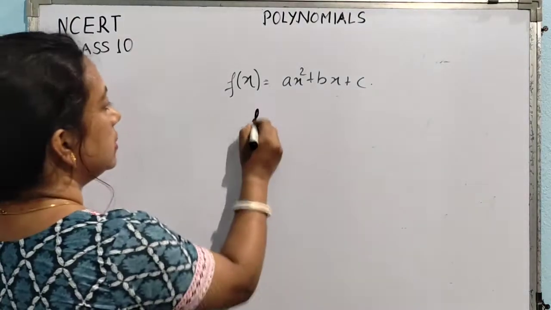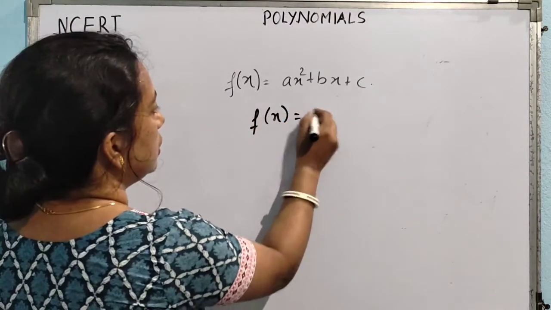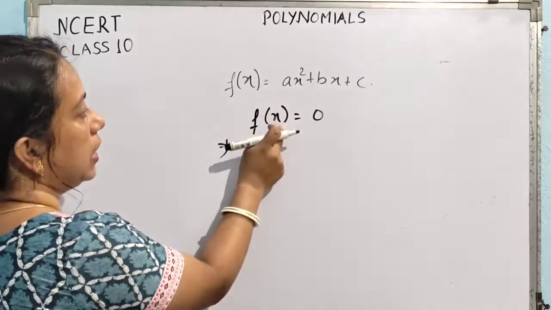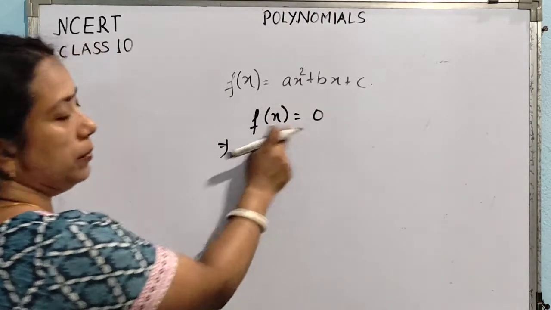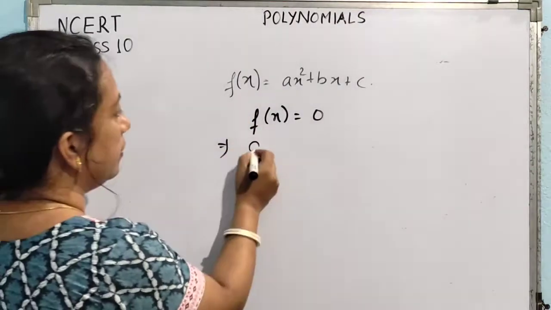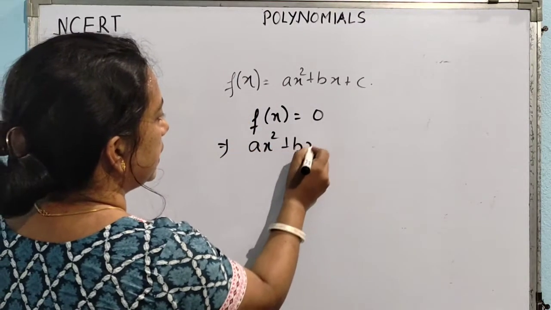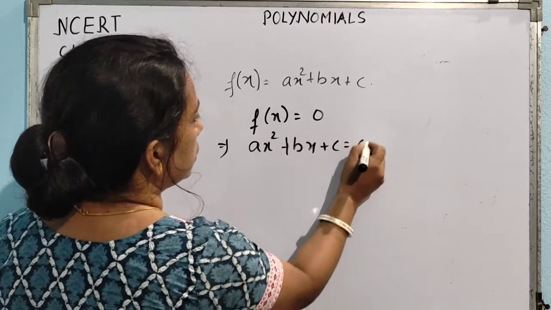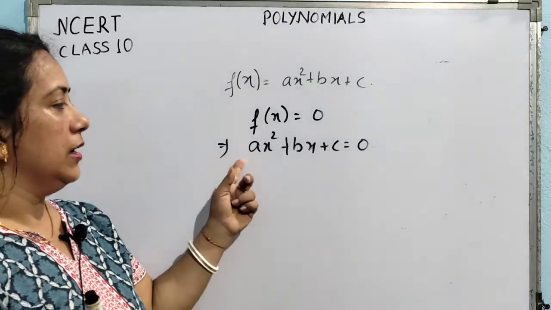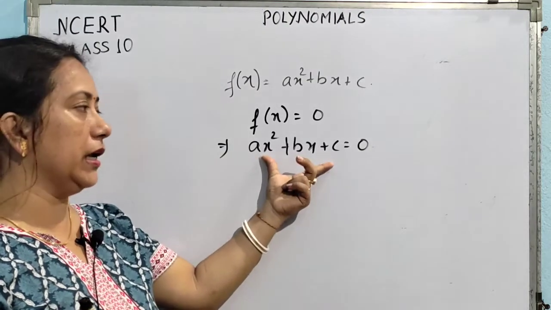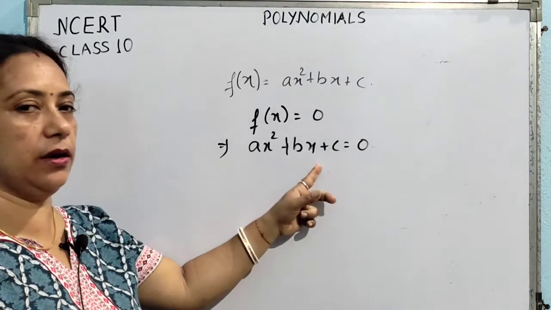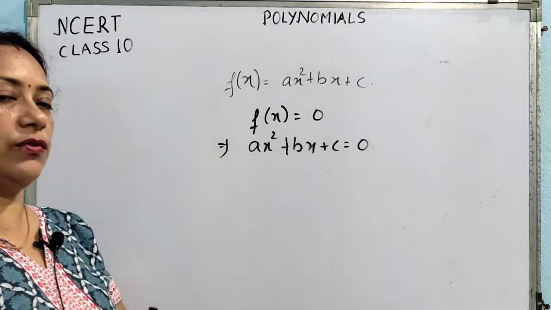So what we can write: ax square plus bx plus c equal to 0. Ultimately what does this mean? We just have to solve this quadratic equation, and the two values that we get from here will be the zeros of f of x.